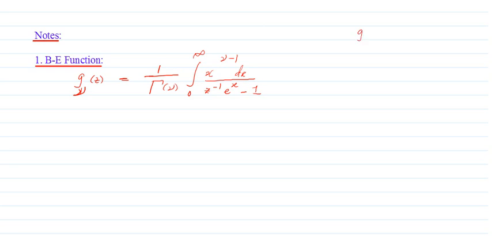We have been writing it in two orders. One was G 5 by 2 of Z, which we used in our equation of state. Another was G 3 by 2 of Z. So this 5 by 2 and 3 by 2 was in place of nu, and Z is the fugacity; it's a function of fugacity.